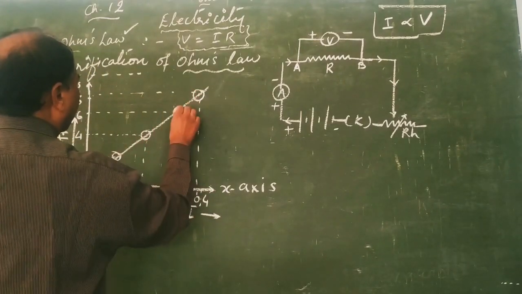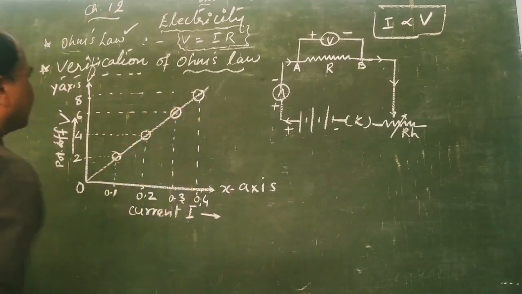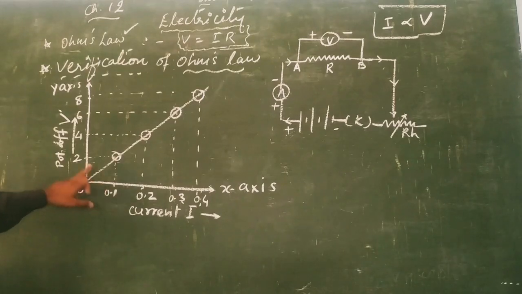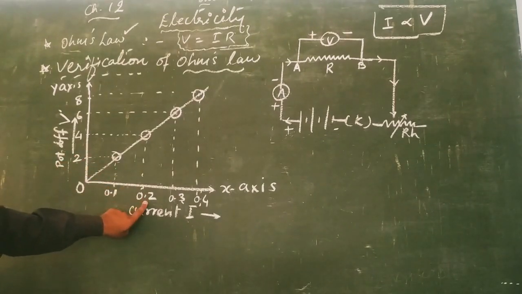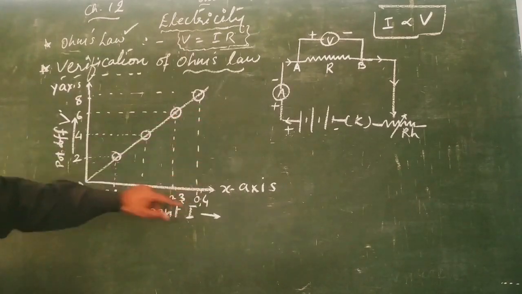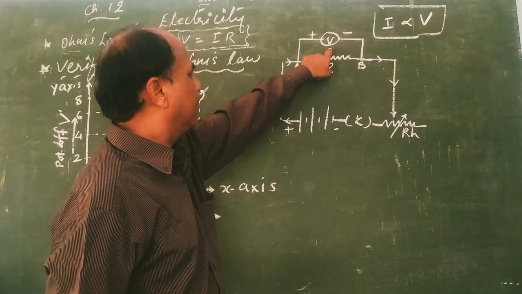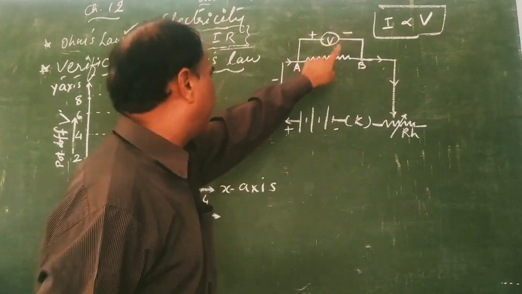So we can say that these are the different coordinates here, and based on these coordinates, when it is 0.1, the potential difference was 2 volts. When 0.2 ampere of current flows through the circuit, then 4 volts can be measured at the voltmeter. The potential will be 4 volts.